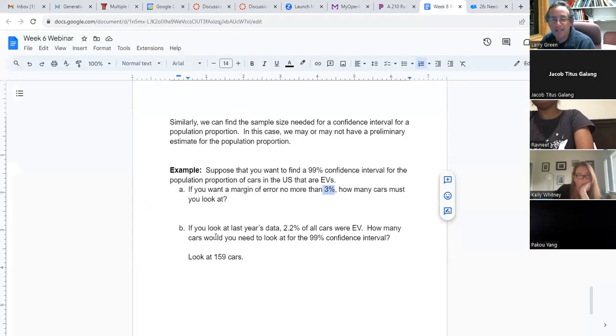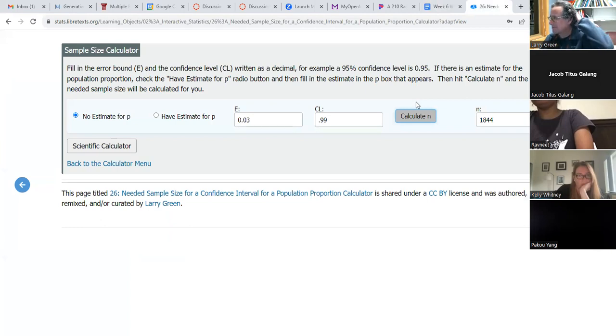So this is part B. Let's suppose that last year we looked at the data, and I did, by the way, 2.2% of all cars were EV in the United States. Now, how many cars would you need to look at for the 95% confidence interval? What changes? What changes this time?